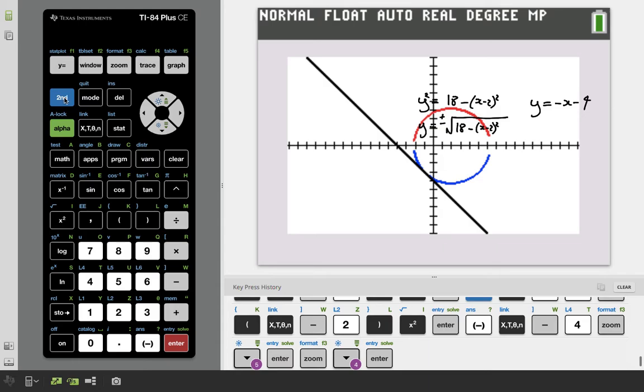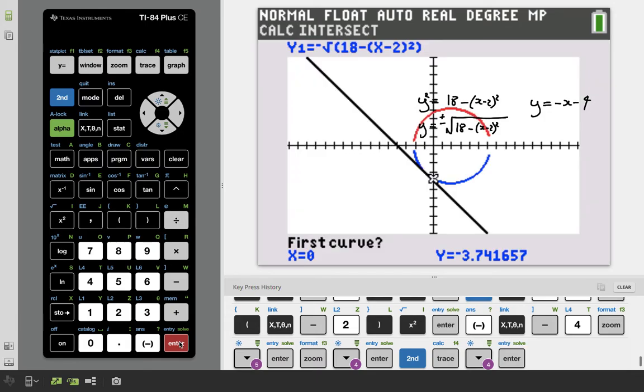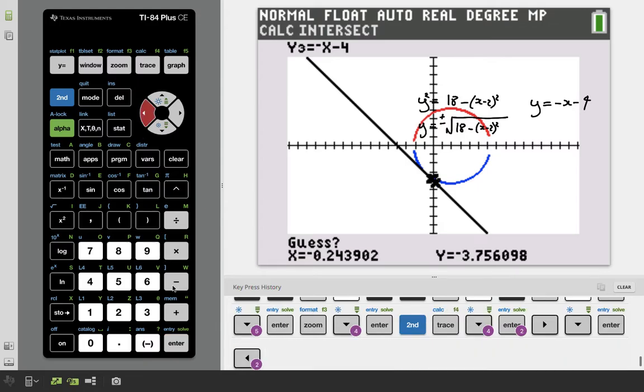Now, if you try and do an intersect, I don't think it will work. First curve, yeah, blue. Second curve, no. I want black. How do I get? Yeah, that one. I think tangents may not work. Let's find out. It's up here.